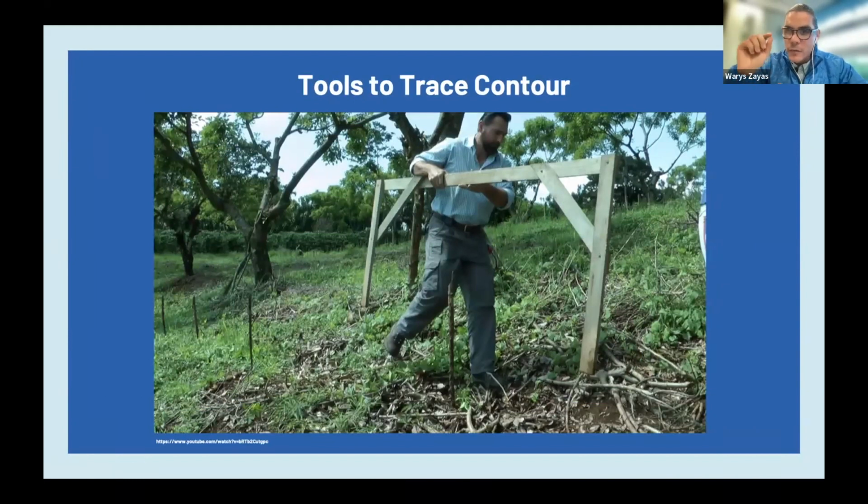Maybe point something or 1%, okay? So those are really useful tools, okay? Both the A-frame and the ISO or N-frame are nothing other than levels for the soils, okay?